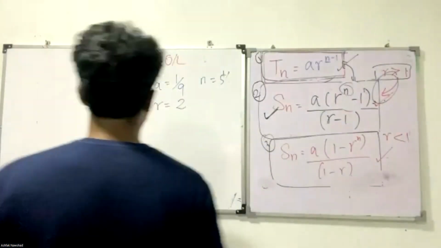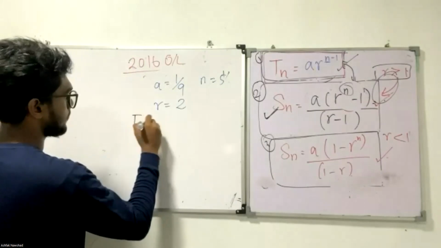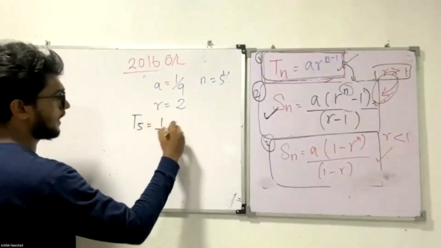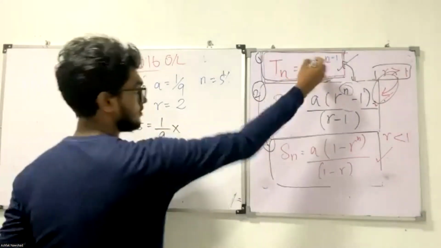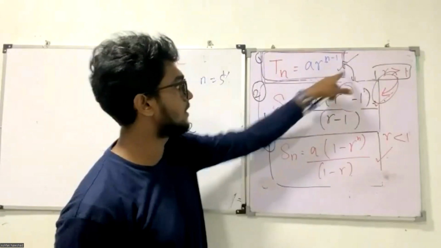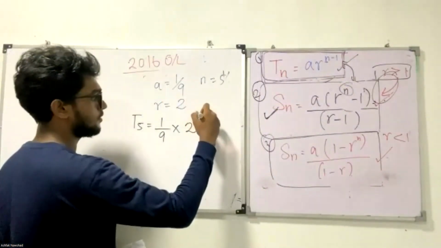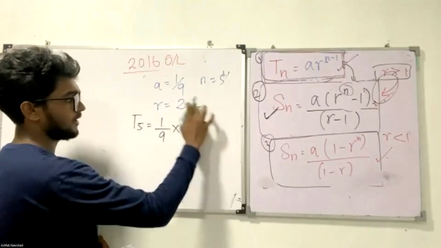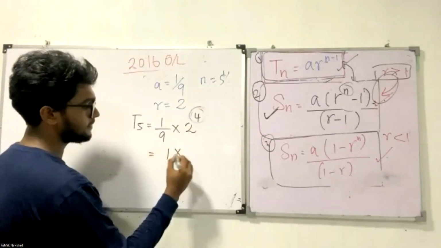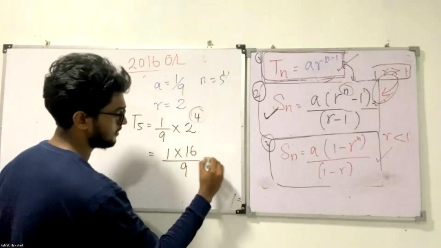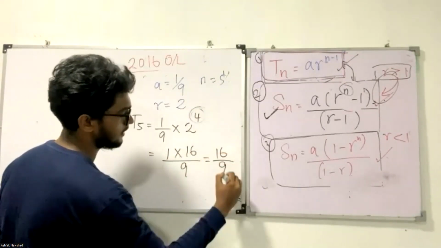T5 is A, what is A? 1 over 9, into R. R is 2 to the power n minus 1, 5 minus 1. 5 minus 1 is 4. So we get 1 over 9 times 2 to the power 4, which is 16 over 9.